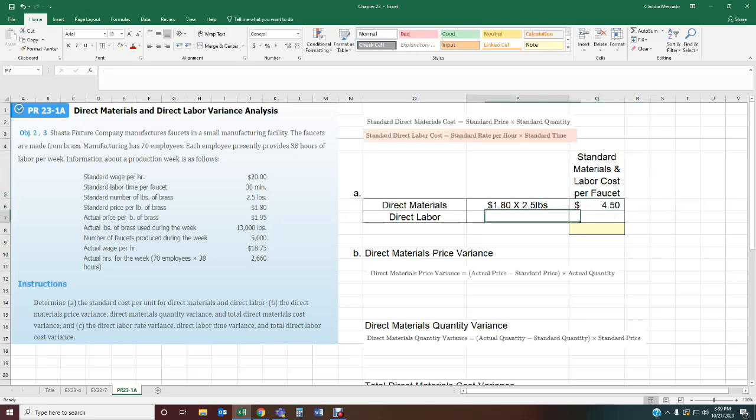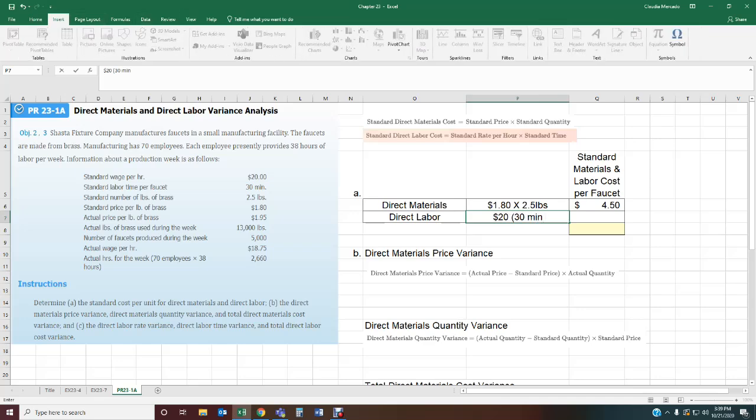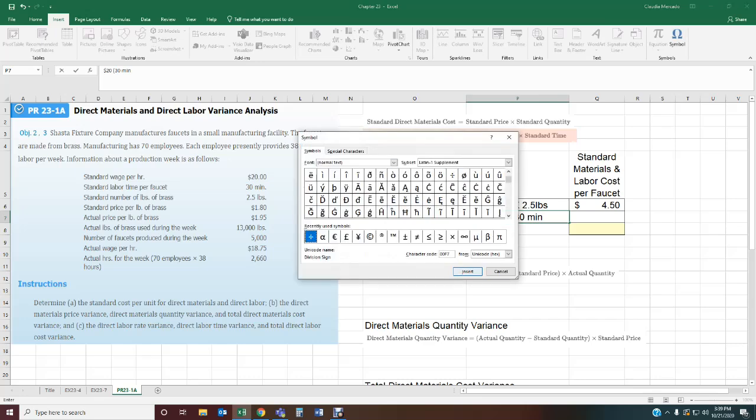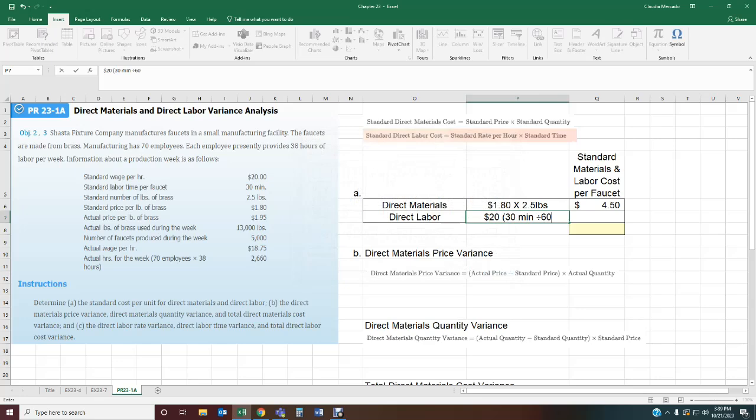For direct labor, my direct labor cost is your standard rate per hour times your standard time. My standard wage per hour is $20. To get the standard time, because we are talking about time, the standard labor time per faucet is 30 minutes. I'm going to do the 30 minutes divided by the 60 minutes, so we can figure out the time component.